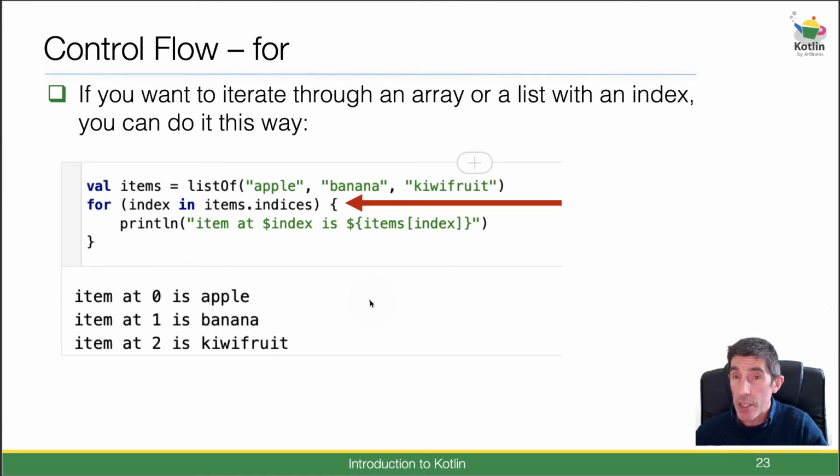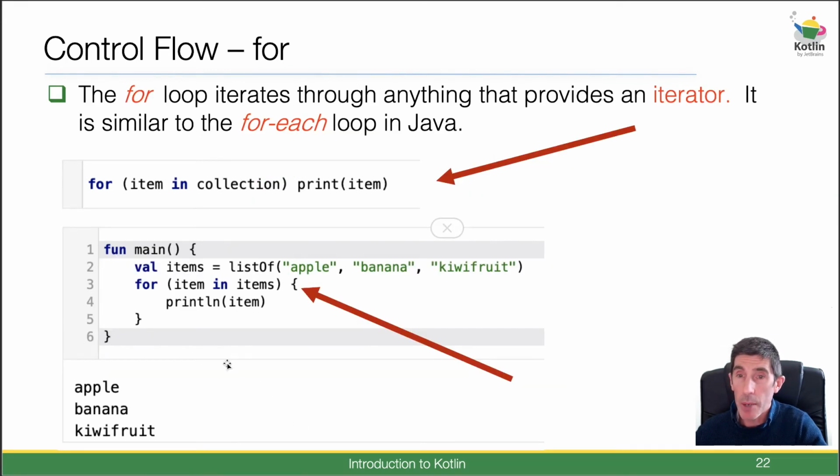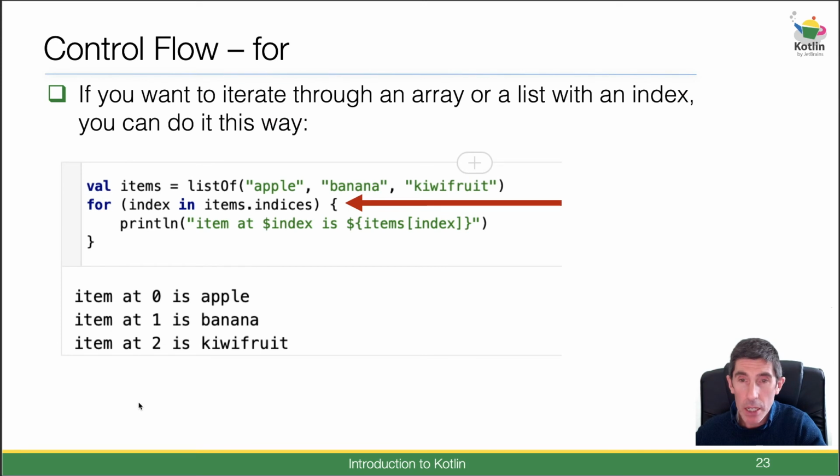And the beauty there is, if we go back and look at the previous example, in this example all we are doing is printing out the item. So we're just getting at the data, okay? But if you need to get at the index as well, you can do that through items.indices.